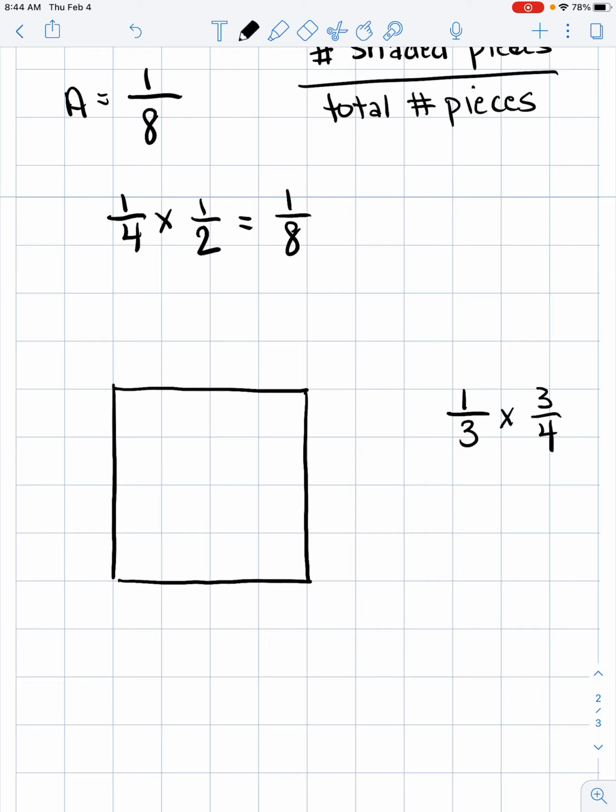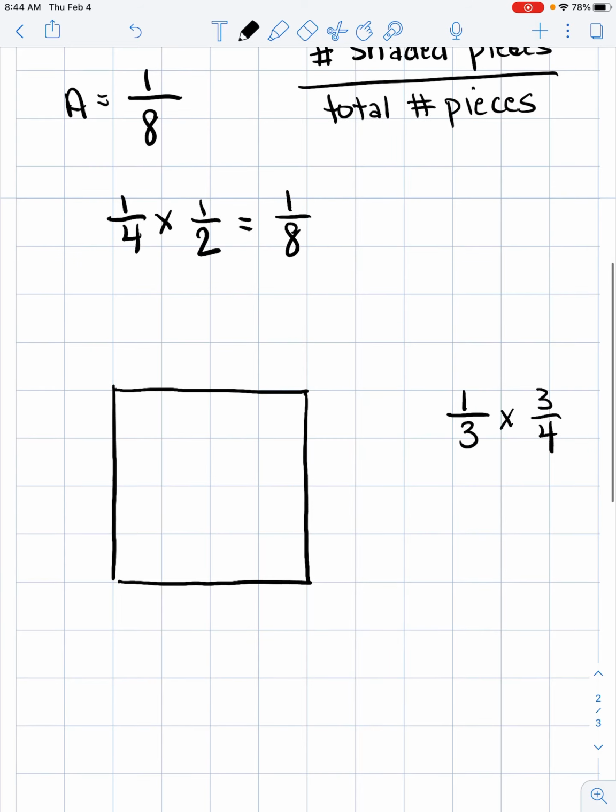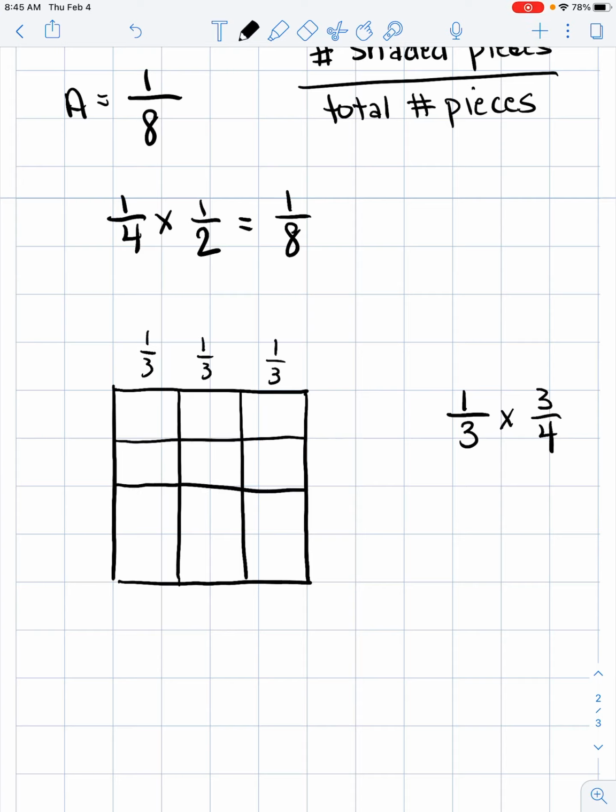Let's see how we can do that. If I think of this as length times width, then 1/3 would be the length. So I have to divide my 1 unit into 3 equal pieces. Each of these would be 1/3. And I want to divide the other way into 4ths. Each of these would be 1/4.